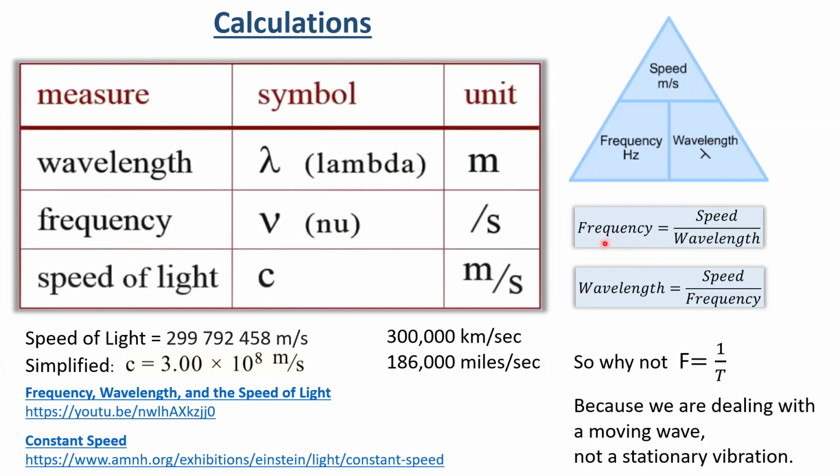Here's the formula. Frequency equals the speed over the wavelength. By the same token, if we want to derive wavelength, what do we have to do? Well, if we divide by speed, speed and speed are going to cancel, and we're going to have wavelength left.